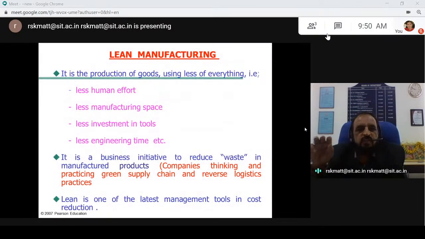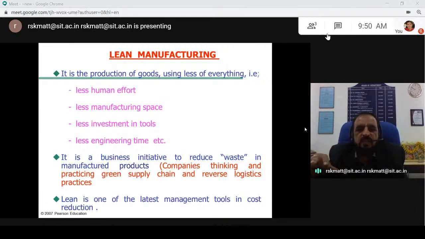Lean manufacturing is the production of goods using less of everything. That is, less human effort, less manufacturing space, less investment, less engineering time. It is the business initiative to reduce the waste in the supply chain or in the manufactured products.